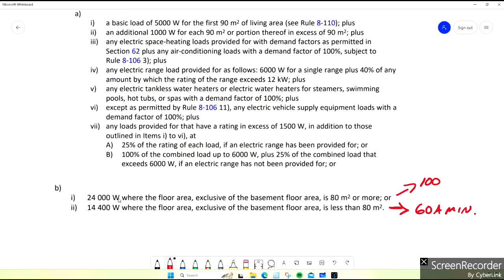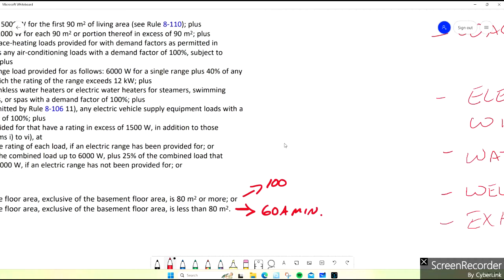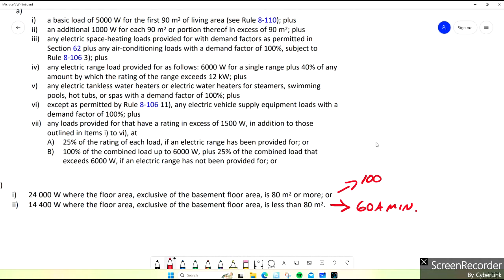And again, just so everyone knows where these numbers came from, and I'm just going to get my pen thickness a little smaller here. That came from taking 24,000 and dividing by 240 volt, all right? And then this one would have been 14,400 divided by 240 volt. Okay, so that's where those come from.